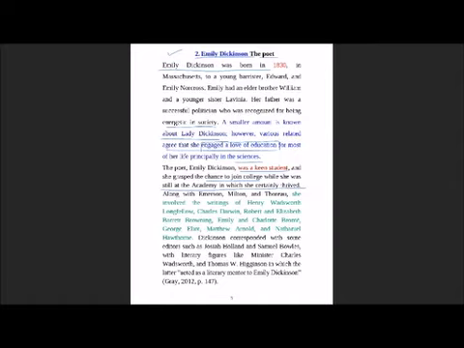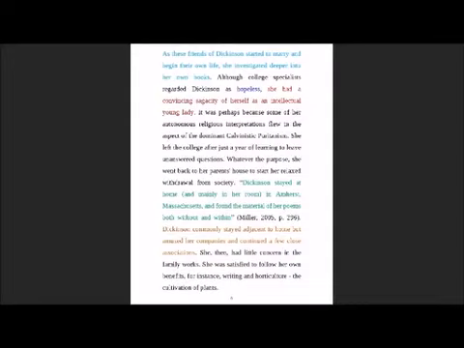Emily Dickinson corresponded with some editors such as Josiah Holland and Samuel Bowles, and with figures like Minister Charles Wadsworth and Thomas W. Higginson, who acted as a literary mentor to Emily Dickinson, supporter, helper, editor, reviser.